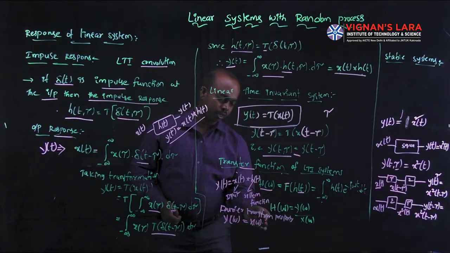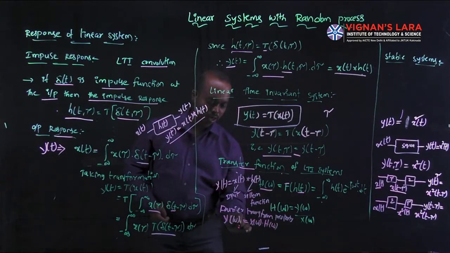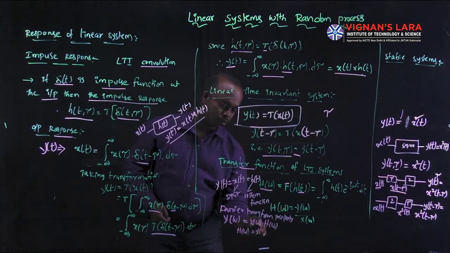These two are multiplied with h of omega. From this relation, h of omega is equal to y of omega divided by x of omega.